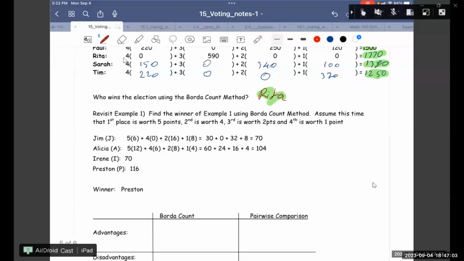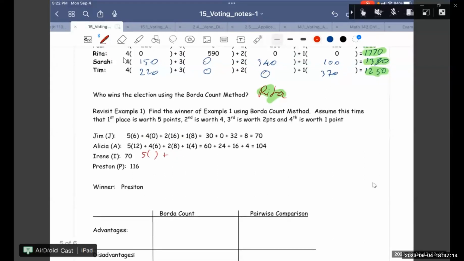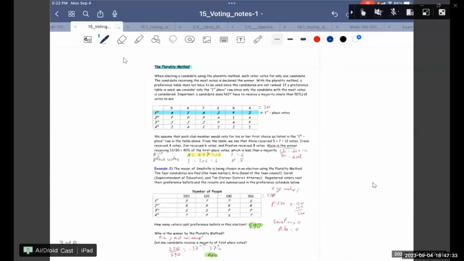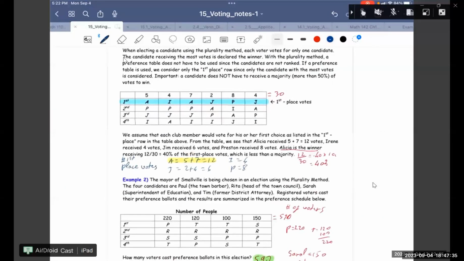So Irene, the first one, we have 5 plus the second one 4, and the third one 2, and the last one. So 5 is 4, for example one.